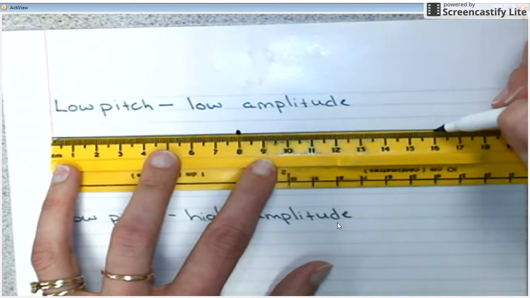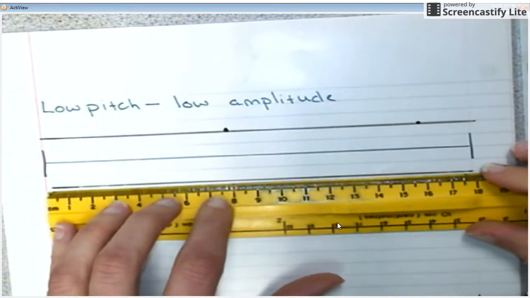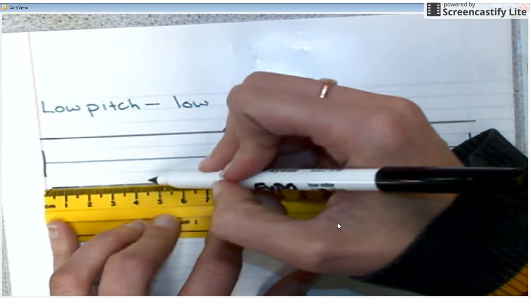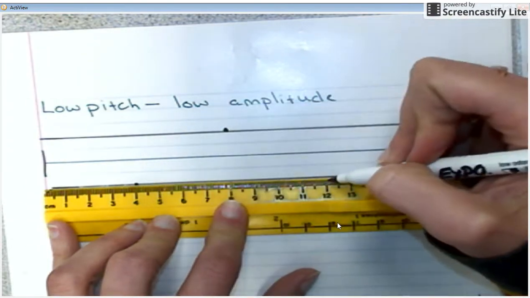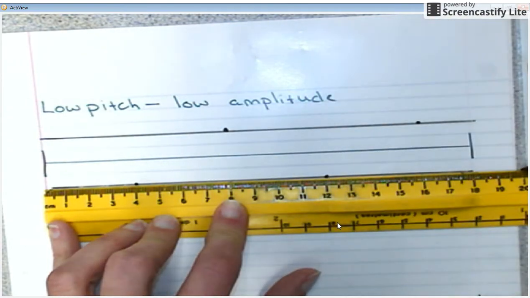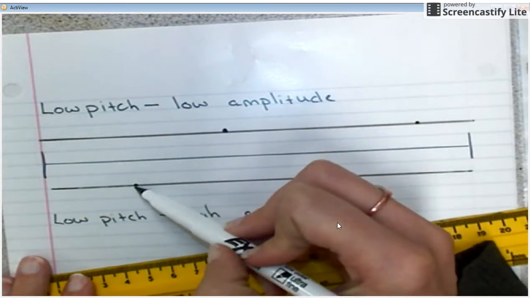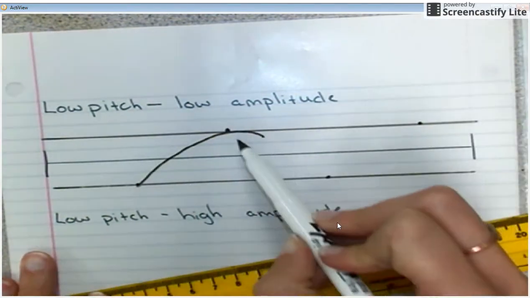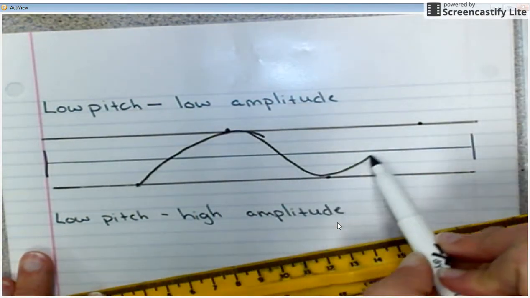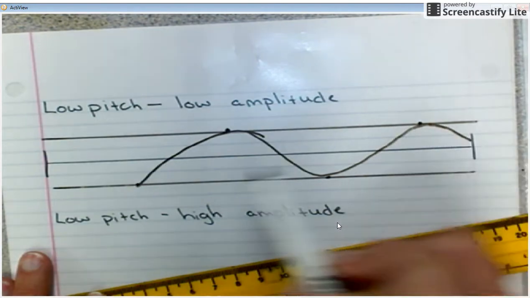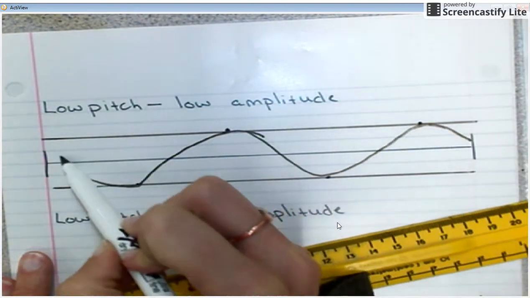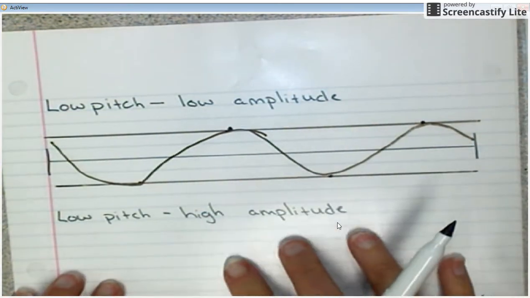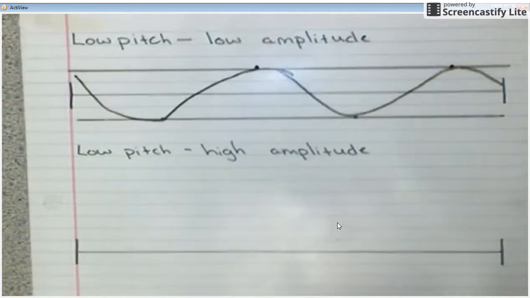So 8, 16. Half of 8 is 4, so I'm going to start at the 4, plus 8 is 12, plus 8 is 20, which is off my paper. So I connect this in a nice curve. This would be considered a low pitch, low amplitude sound.